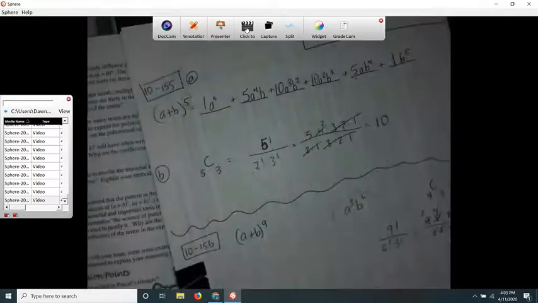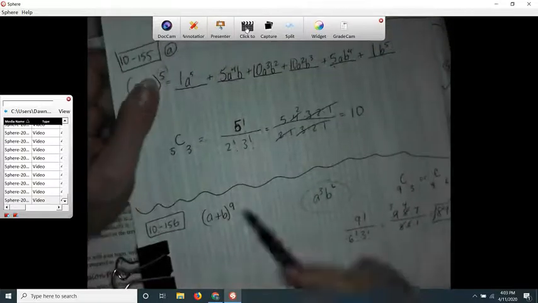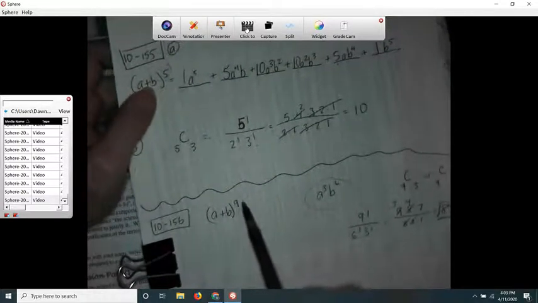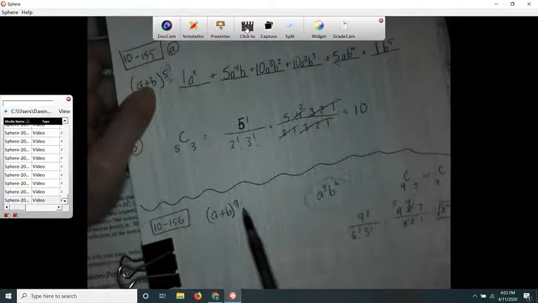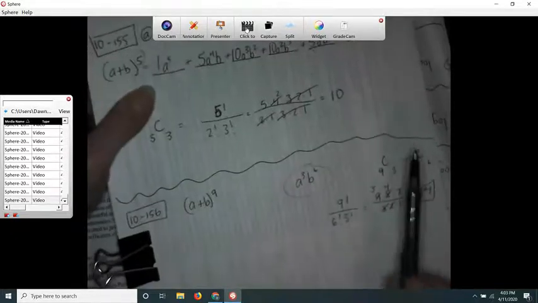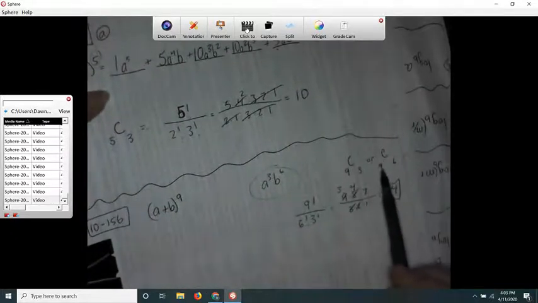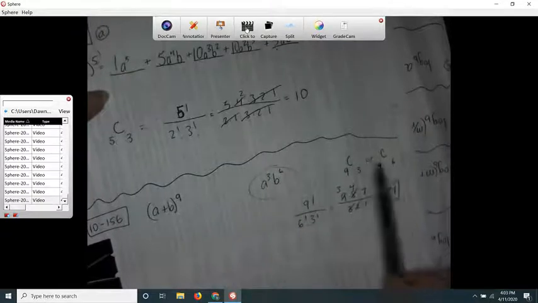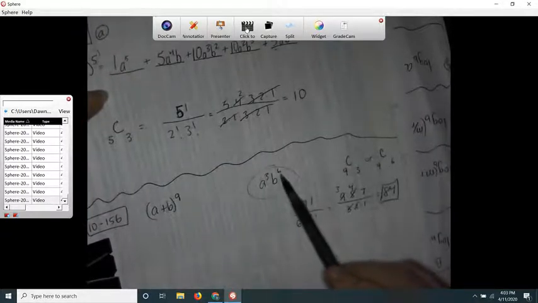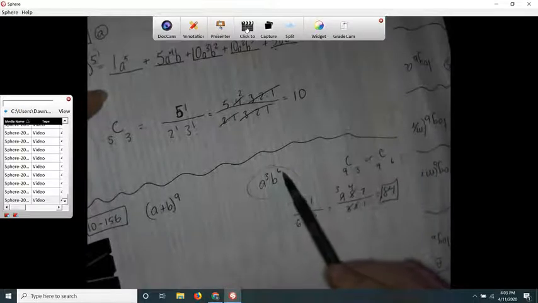So let's see if we can do it with combinations. There's 9 factors, so I want to take the combination of 9 things taken 3 at a time. But we saw in the last problem, I also could take the combination of 9 things taken 6 at a time, and that works for the B's, but that's going to be the same exact number.